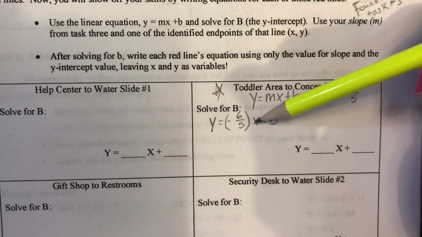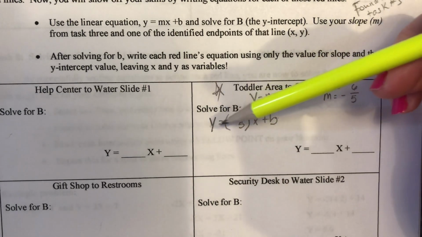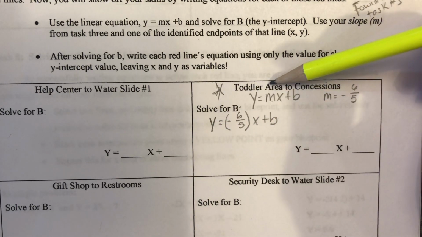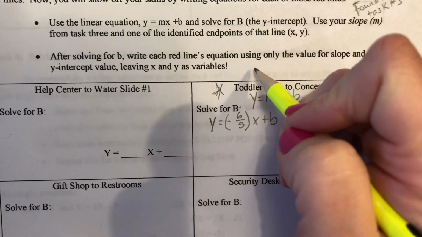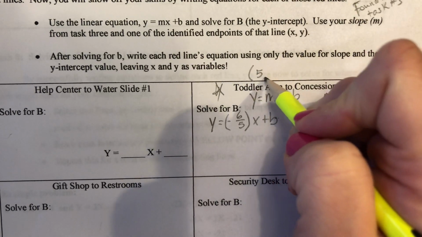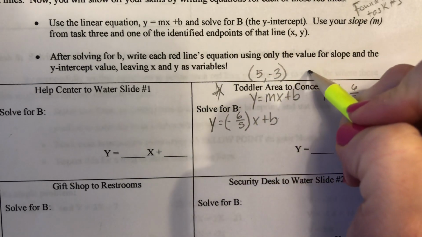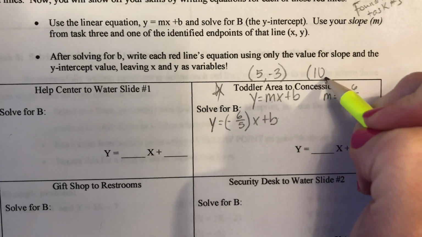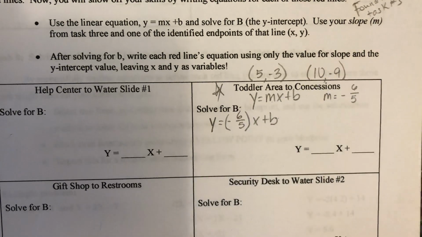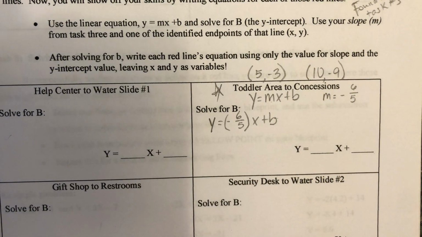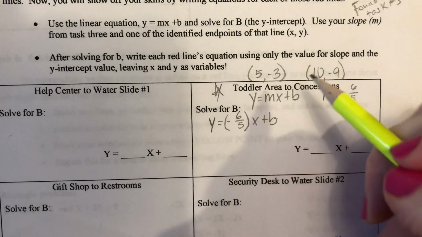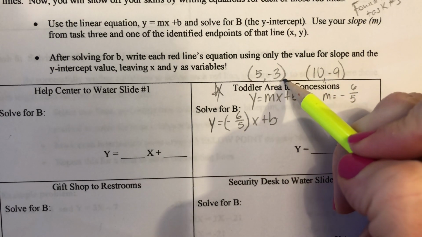So to find b, I am going to take one of the endpoints from the toddler area and concession stand. The toddler area's point was (5, -3). The concession stand was (10, -9). It doesn't matter which of those two points you utilize, you will get the same answer. So I'm just going to pick the toddler area, 5 and -3, as my endpoint.